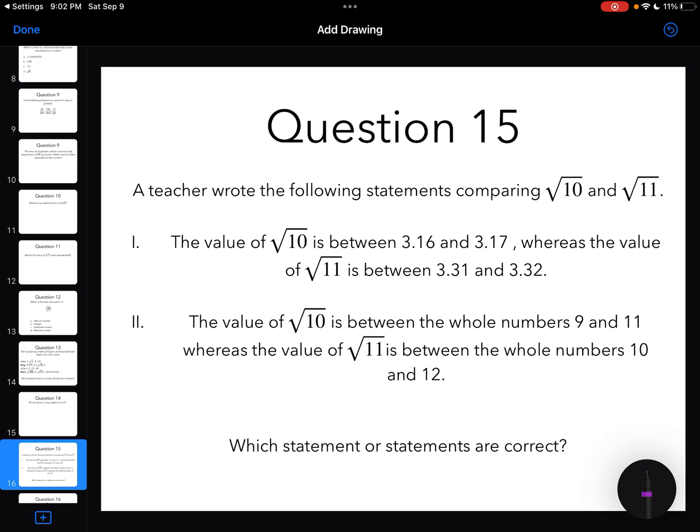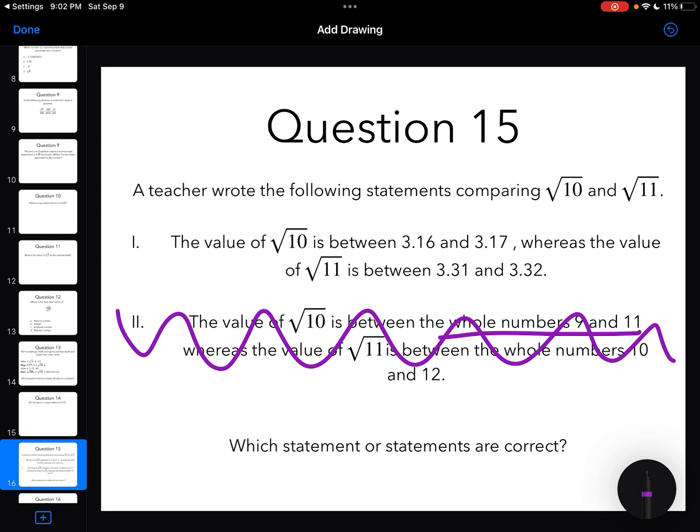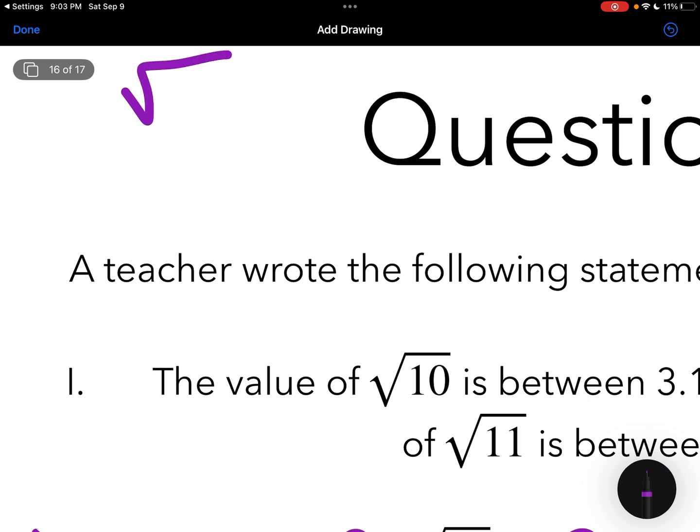Well, I know the square root is not between any whole numbers, so 2 can't be right. So let's check. Let's think about 10 and 11. If I've got the square root of 10, it's going to be between the square root of 9 and the square root of 16, which is going to be 3 and 4, right?